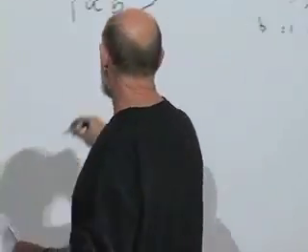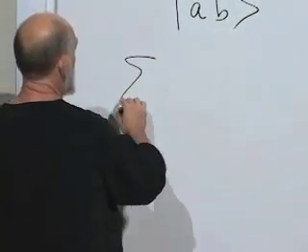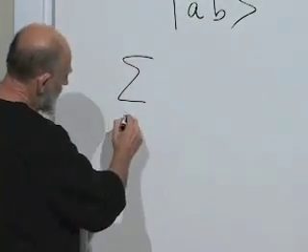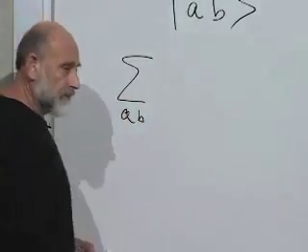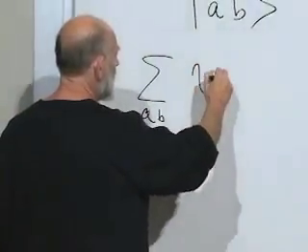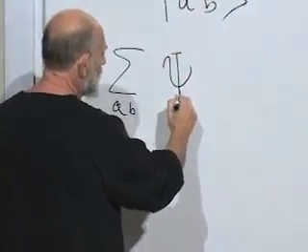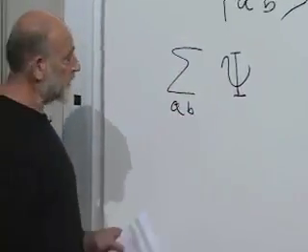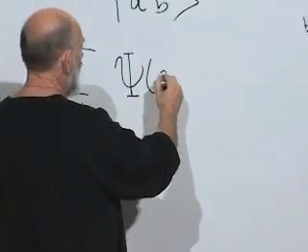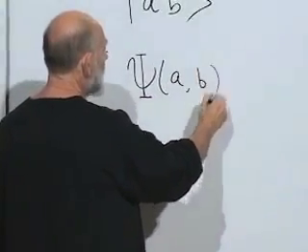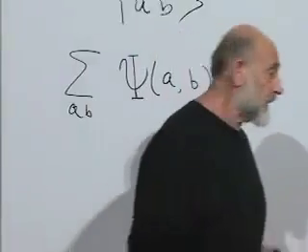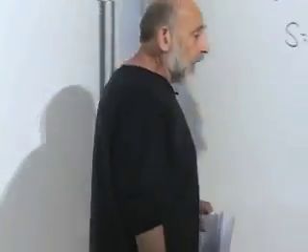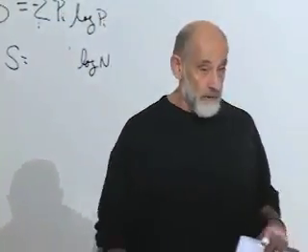Then the most general state of the combined system that we can write is a sum. And we're going to sum over A and B of some set of coefficients called a wave function of A and B, psi of A and B. Now, for us now, A and B are discrete variables.